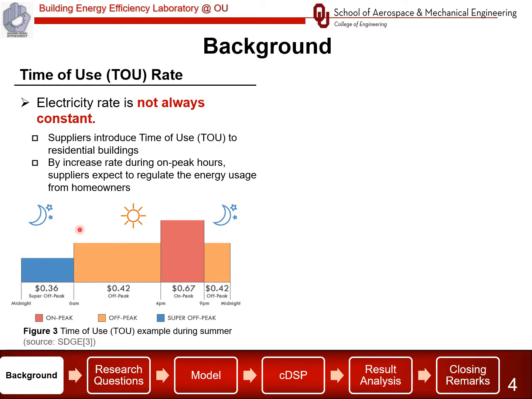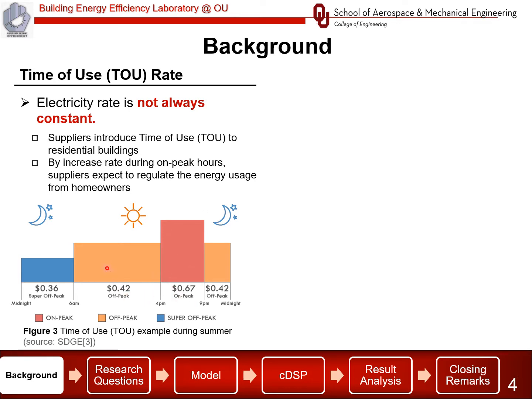For example, during the summer, you can see this is a time of use. Your electricity bill could be very low from midnight to 6 a.m. But from 4 p.m. to 9 p.m., for example, it could be doubled. By increasing rates during peak hours, the suppliers want to regulate the energy usage of their customers.